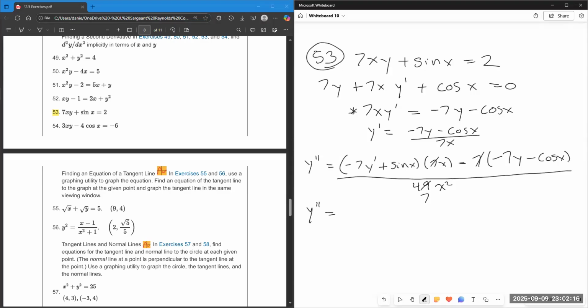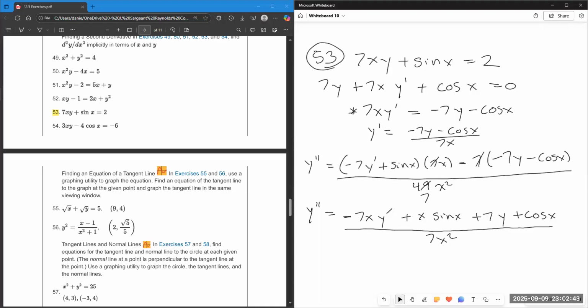Y double prime is equal to negative 7xy prime plus x sine x plus 7y plus cosine x, all over 7x squared. Now, do you see the 7xy prime here and the 7xy prime here?